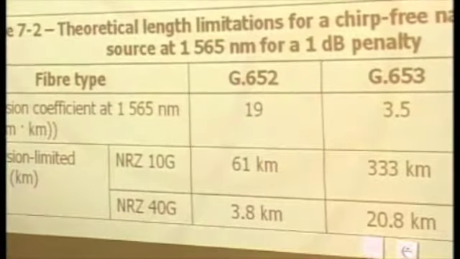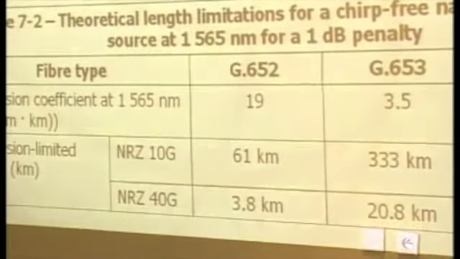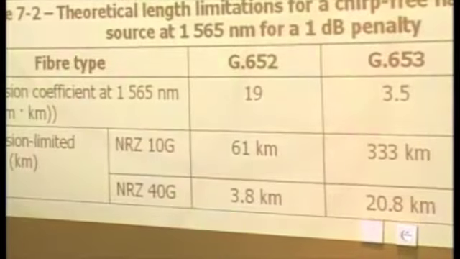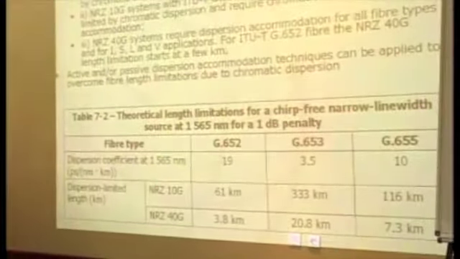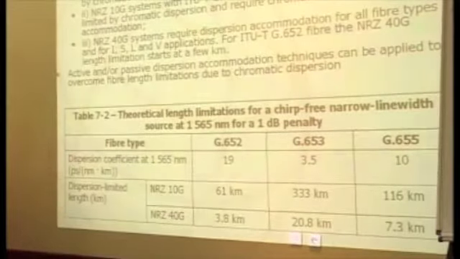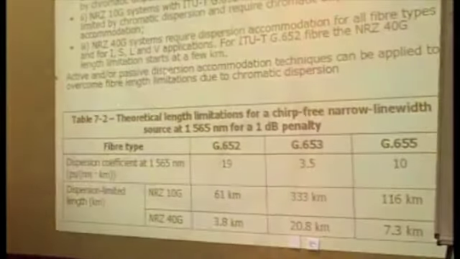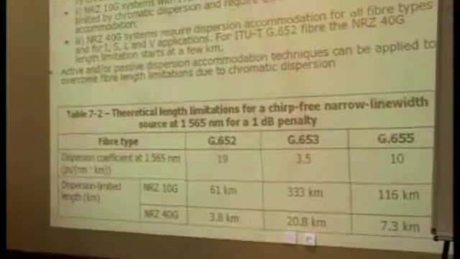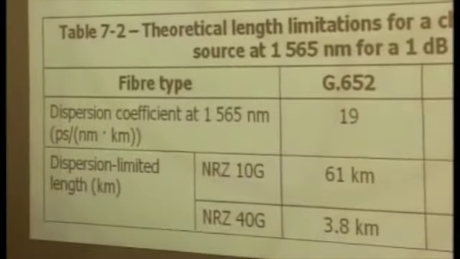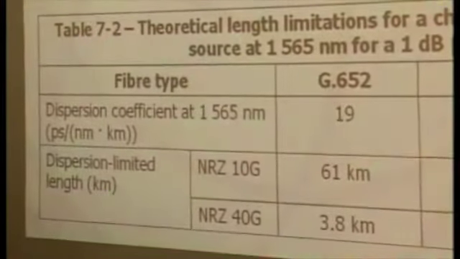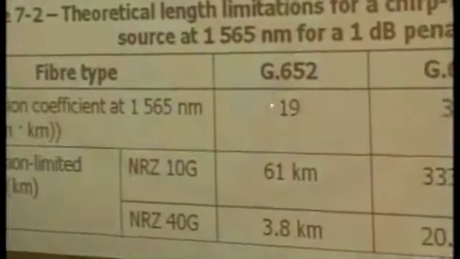NRZ 40G systems require dispersion accommodation for all fiber types for I, S, L and V applications. And for G.652 fiber, the NRZ 40G length limitation starts at only a few kilometers, so you need dispersion compensation with G.652 fiber, because it has such a large dispersion coefficient.